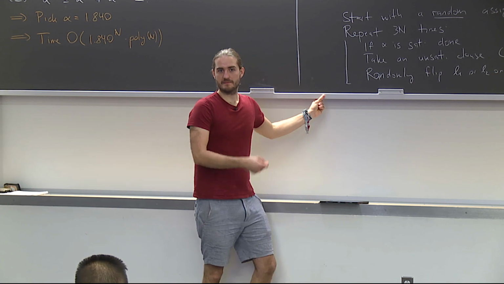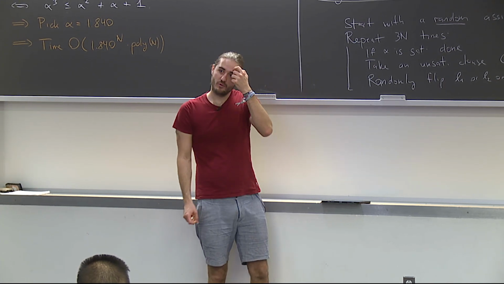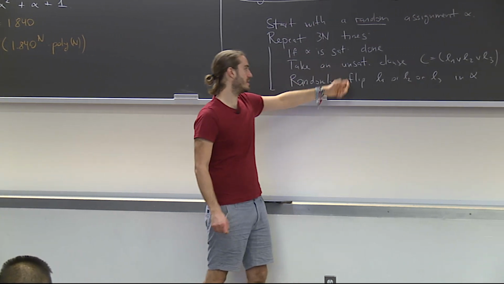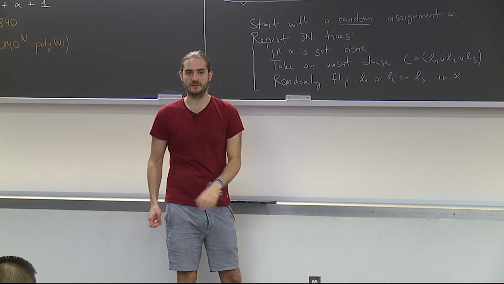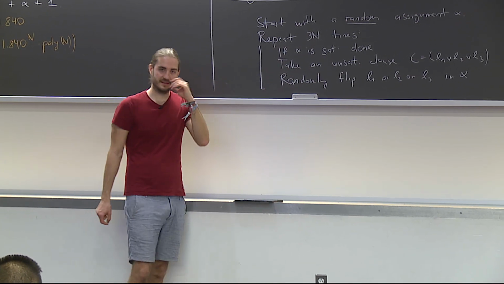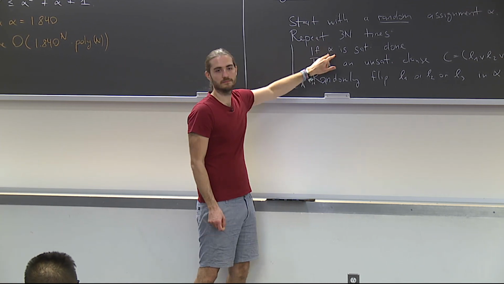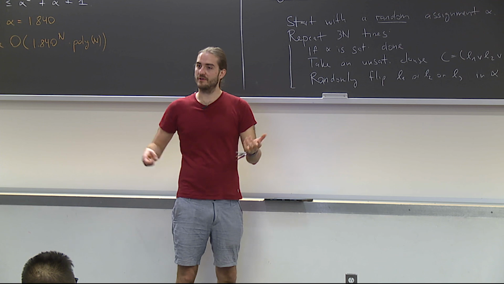Okay, is the algorithm clear? In particular, with every step, whenever we take an unsatisfied clause, we will definitely satisfy the clause afterwards. Now suppose you're in some assignment alpha. How does alpha differ from a satisfying assignment?